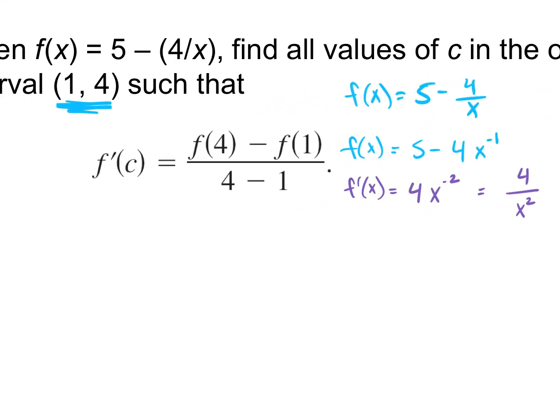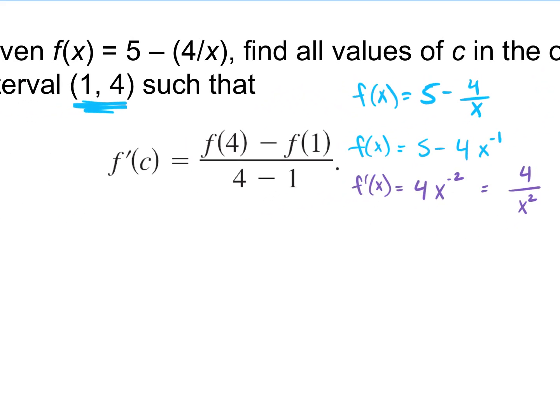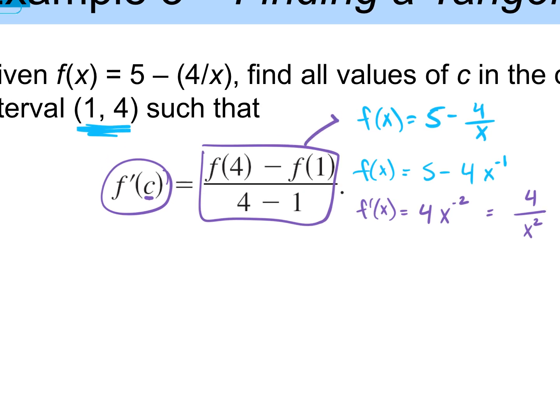So next thing we need to do for mean value theorem is see at what value of c our derivative equals the slope. So let's find the slope. When we find the slope, we're using the original function. Notice here how it's just f of 4 minus f of 1. So let's find f of 4.